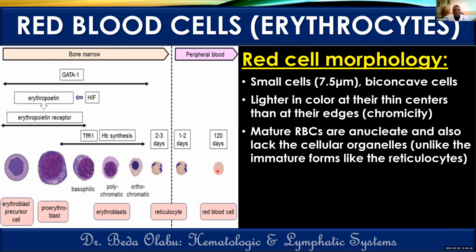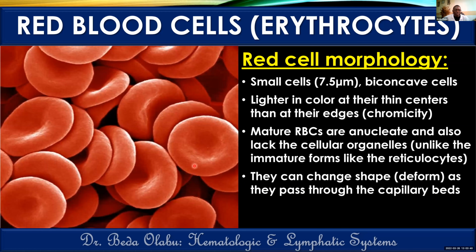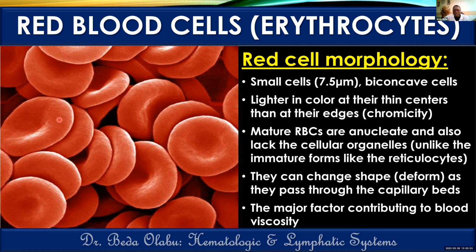That's the lifespan of the mature red blood cell. These mature red blood cells can change their shape. They can deform as they pass through tiny capillary beds. Yes, they look like these ones, but when they percolate through tiny capillary beds, they can deform and then restore their shape once that pressure has been relieved.